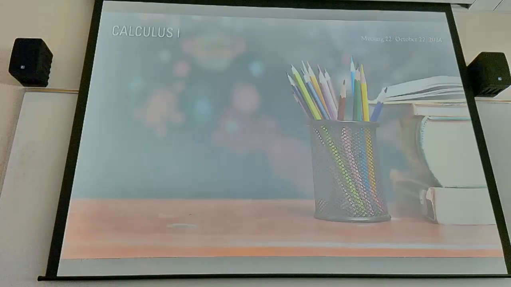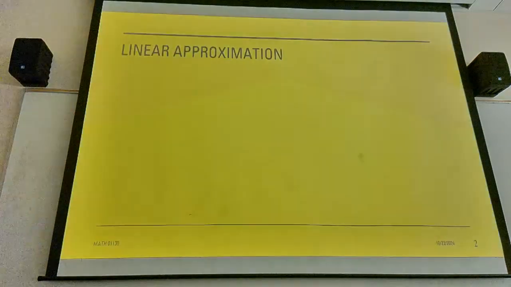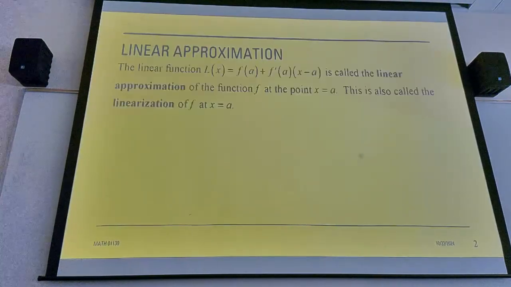Because we're using the tangent line to approximate, we call it a linear approximation. And the approximation is just the tangent line. We call it the linearization, or the linear approximation. We represent it as capital L of x.